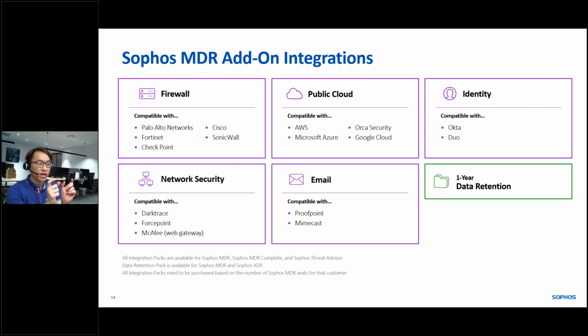You can't have a tier of servers on, let's say, Central Intercept X Advanced, and then have the endpoints on MDR Complete. You need both of these service levels to be on MDR Complete. This is only for MDR Complete. That allows you to activate your $1 million breach protection warranty, which we will cover in a little bit, but you can't have mixed estates there. So that's that.